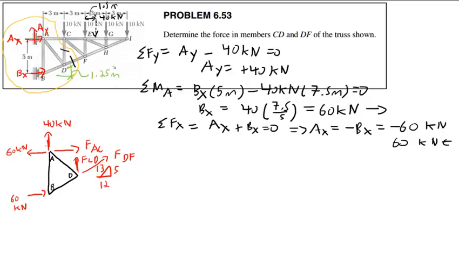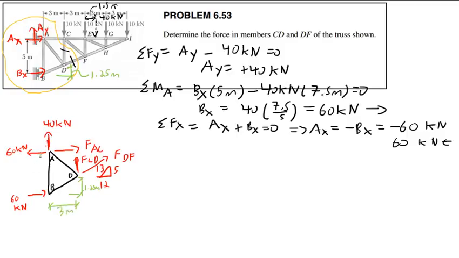Good? Okay. So I'll put it here as well. 1.25 meters, 1.25 meters, and 3 meters.